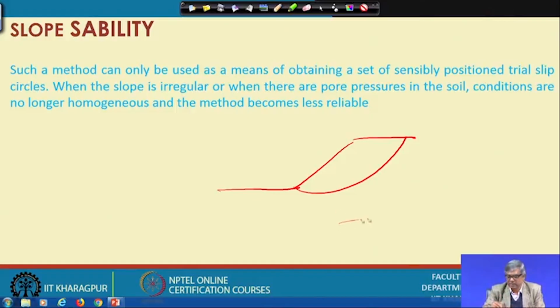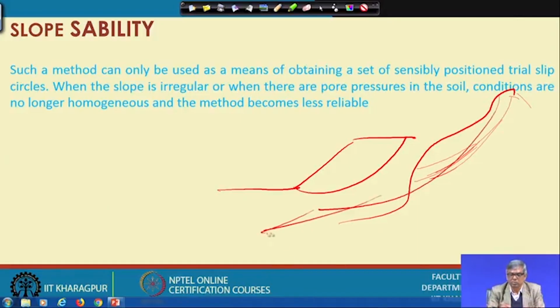In the hilly areas, suppose the slopes are like this, with a significantly high slope, and during rainy season water will enter here, and because of that pore pressure develops and many other things happen, and then this entire slope will sometimes slide towards the toe.